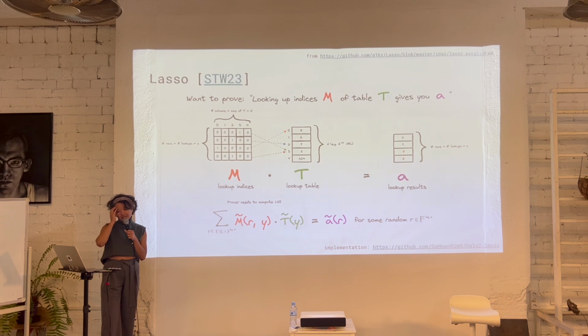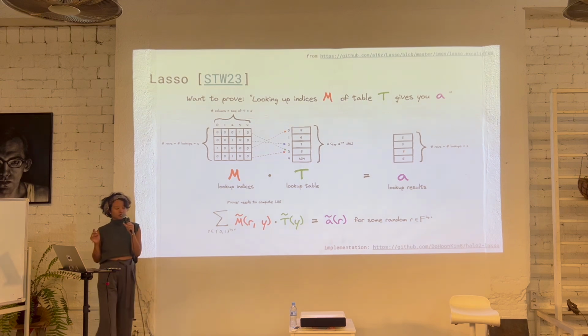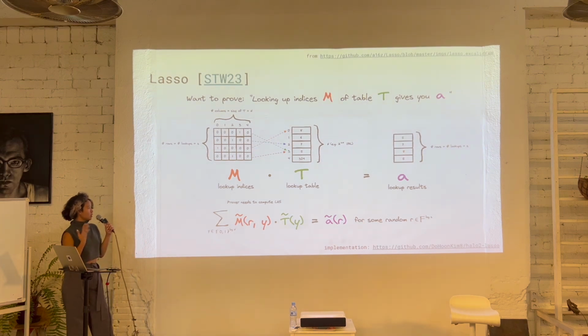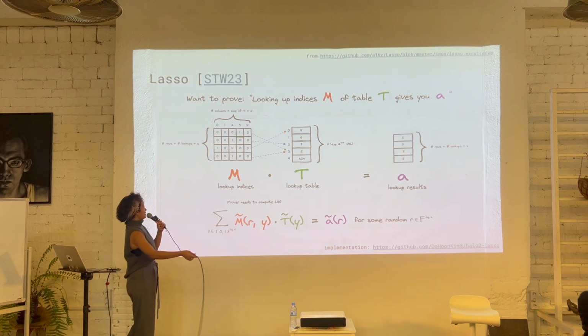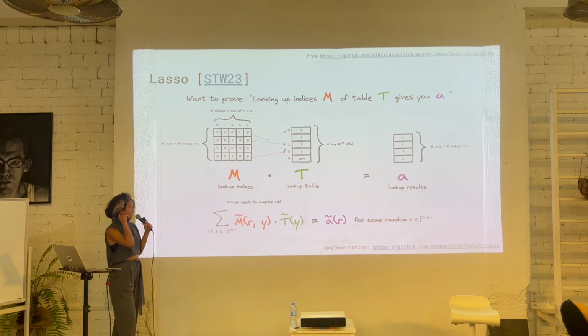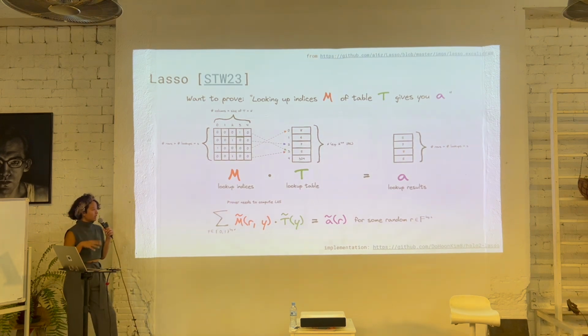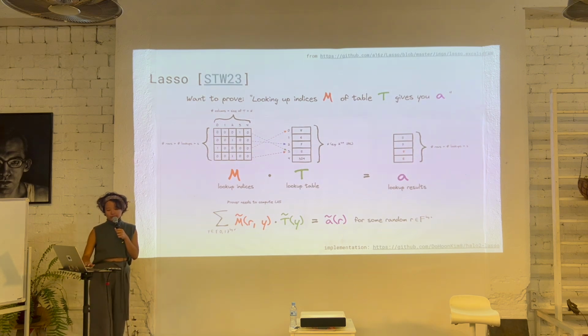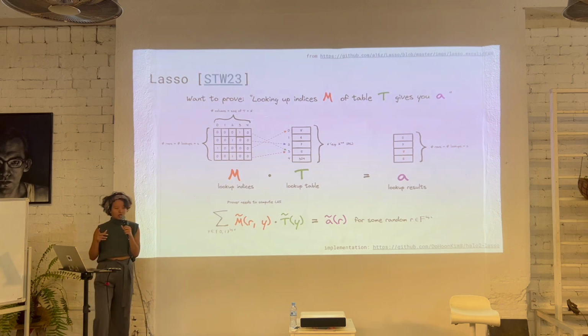And lastly, Lasso. This is the lookup argument that's used in Jolt. So the Lookup GKR was actually inspired by a technique in Lasso, whereby Lookup GKR did the sum check directly using the GKR protocol.